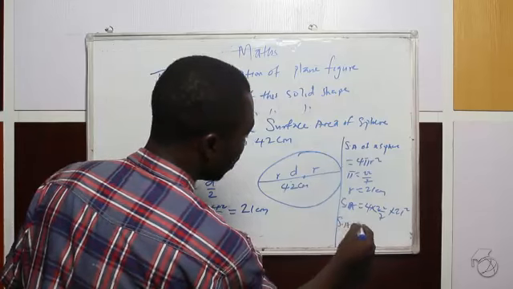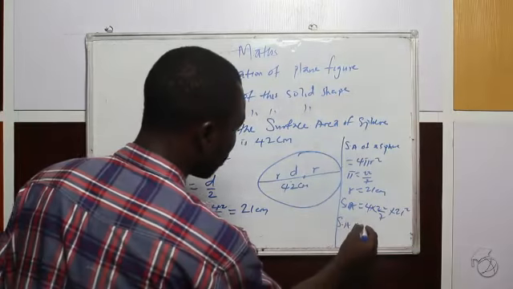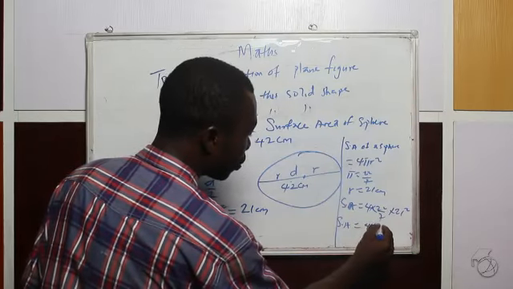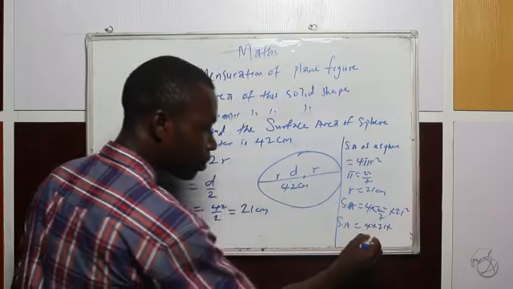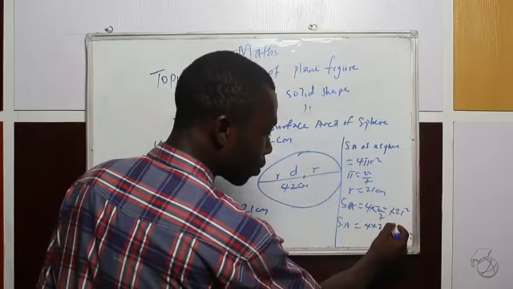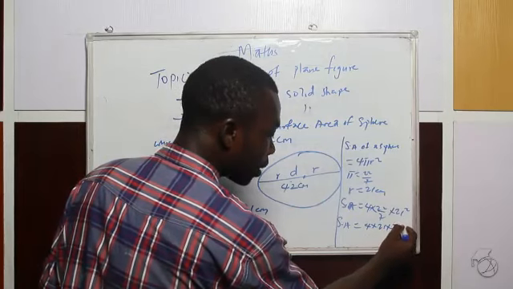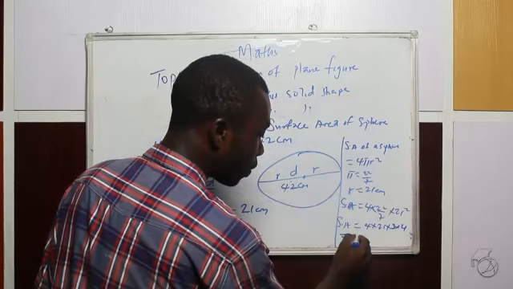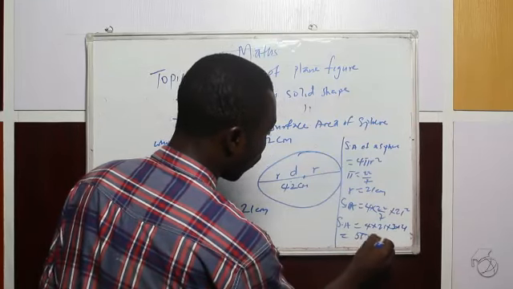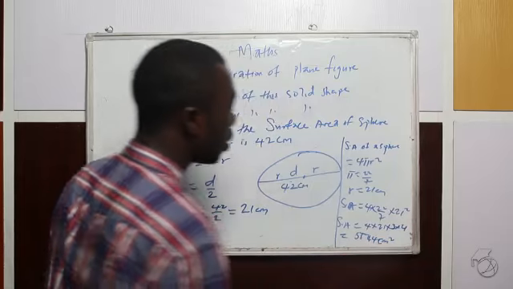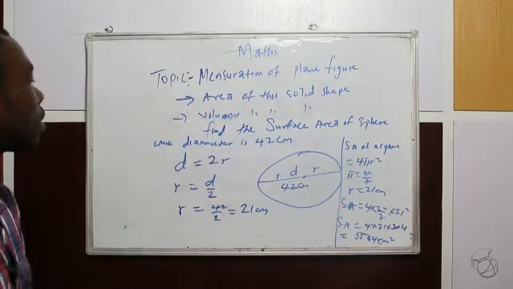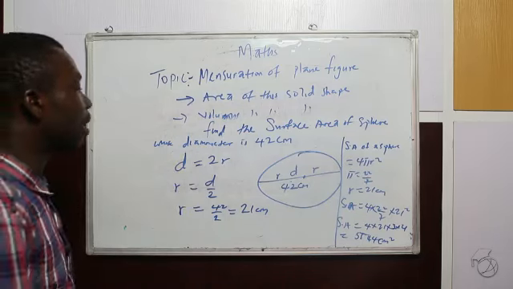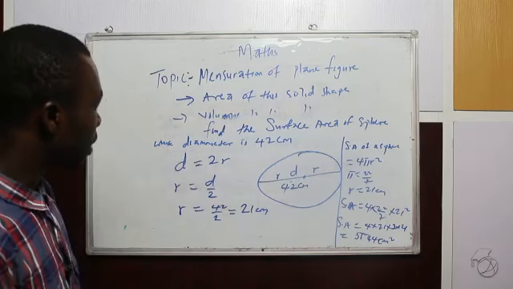Our answer to the surface area of this sphere is 4 times 21 times 3 times 21, which will give us 5544 square centimeter. That's the answer for find the surface area of a sphere whose diameter is 42 centimeter.